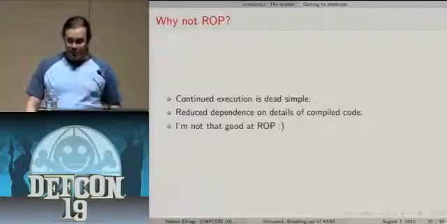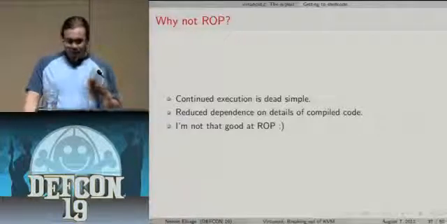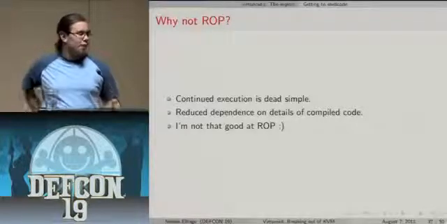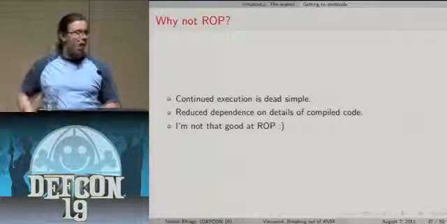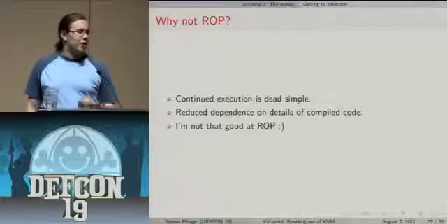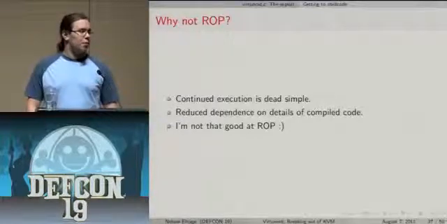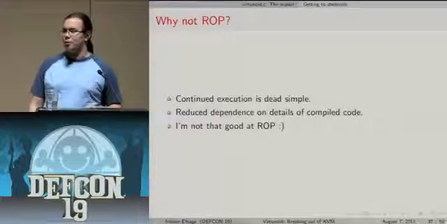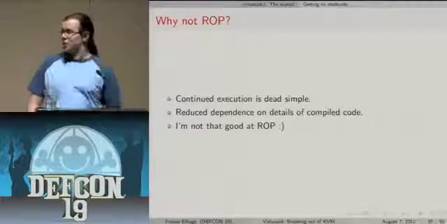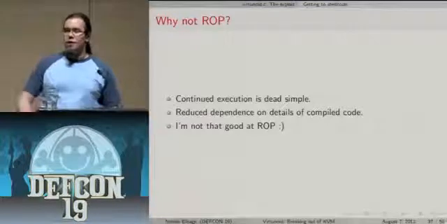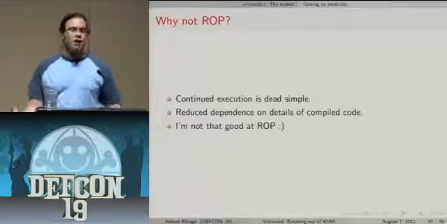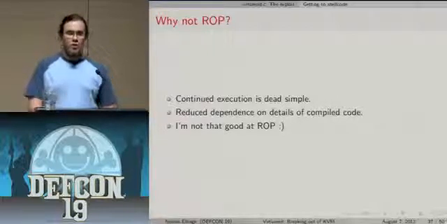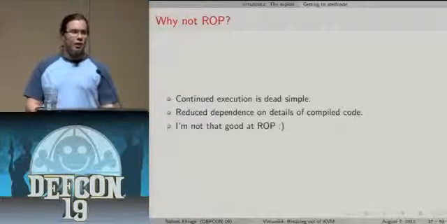Another thing that I like about this technique is that I've shown you virtually no assembly on the previous few slides. I've referred to one detail, but there's very little dependence on how these functions actually got compiled. And ROP cares very deeply about how the function got compiled, because you're chaining together strings of assembly. When you're exploiting a program under Linux, you have to deal with the fact that every Linux vendor has their own build of the program with a slightly different source version, a slightly different GCC version, a slightly different set of flags.